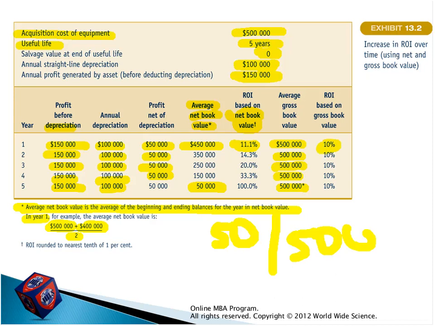That means in this formula, the return will remain at the same percentage over the 5 years. So which math is best for you is what the company will consider, because each of them, the gross or net book value of equipment, will have their own advantages.